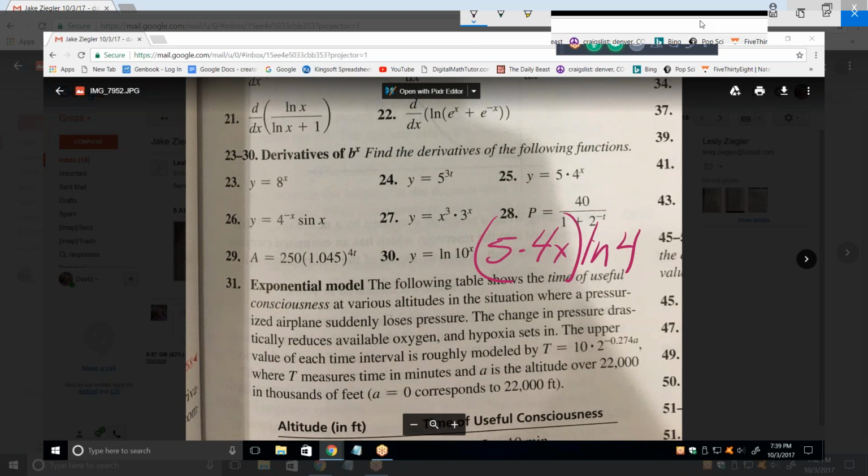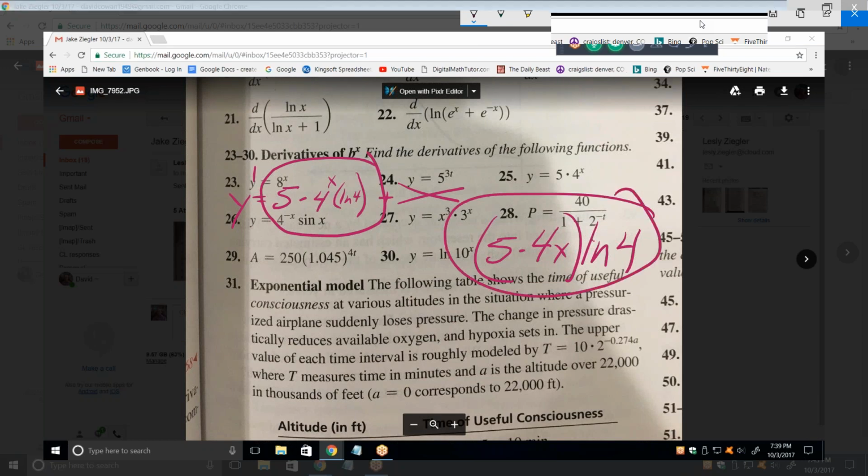Y prime would start out being u times the derivative of v, and the derivative of v is 4 to the x times natural log of 4, plus the derivative of 5 is 0, so this all is nothing. So that is our complete answer, and that agrees with what I thought it was.